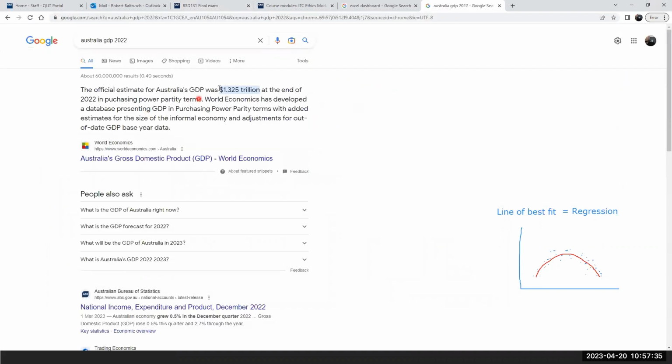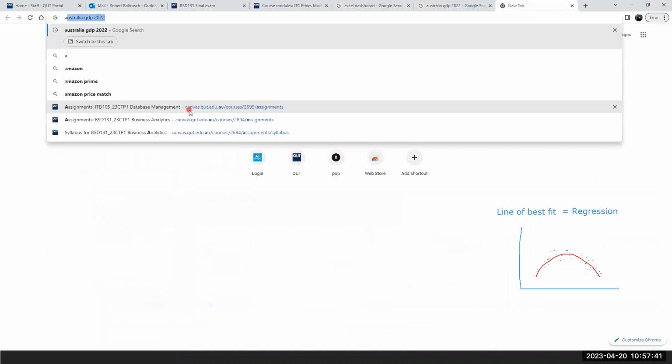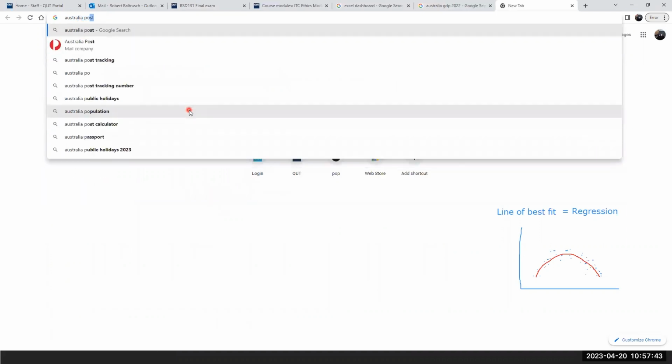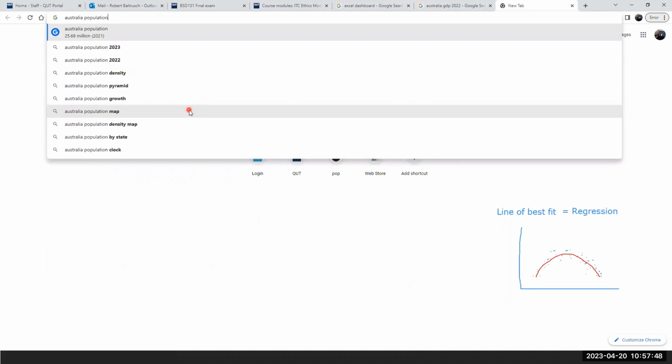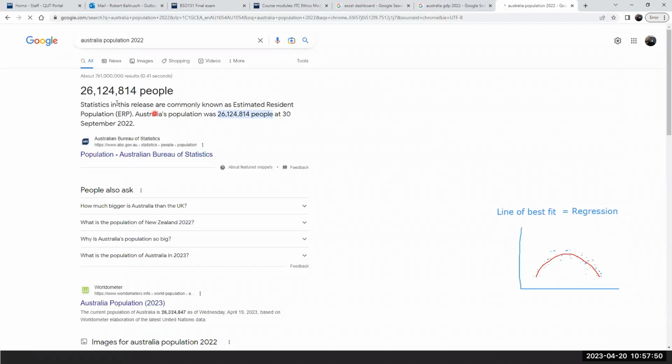In 2022, Australia's GDP was 1.325 trillion, and in 2022, Australia's population was this.